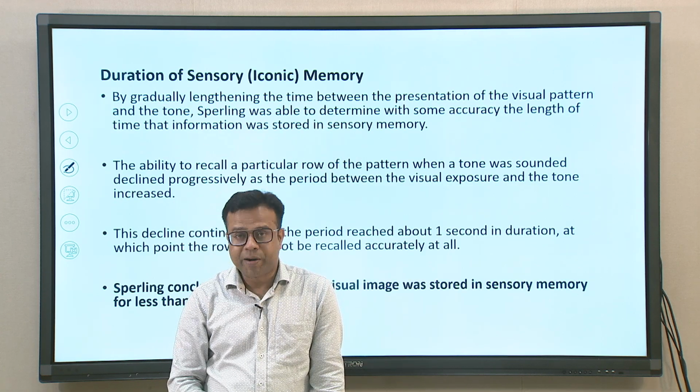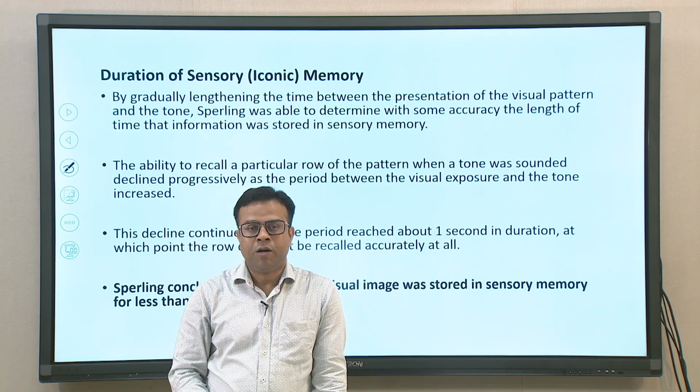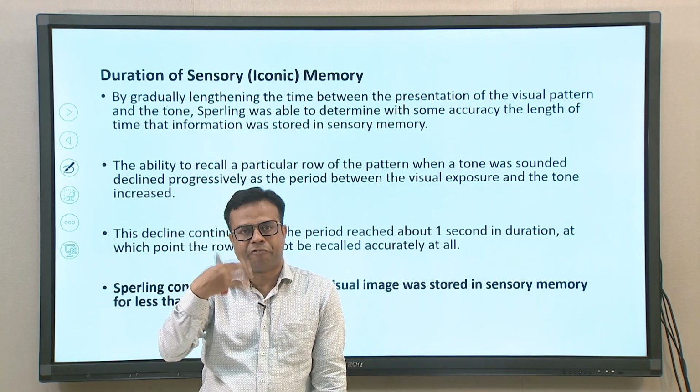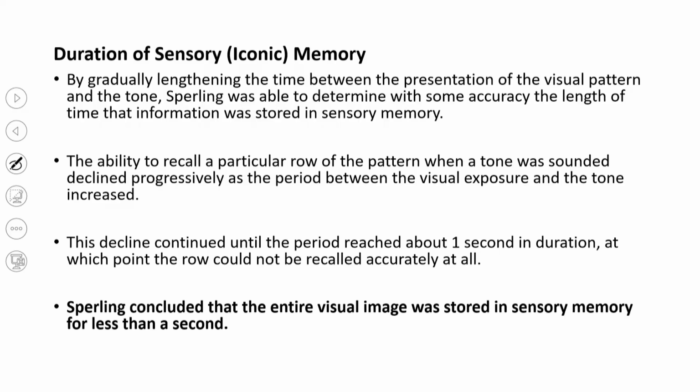This experiment showed that. Further, he used a lot of variation in this experiment by gradually lengthening the time between the presentation of the visual pattern and the tone. Initially, the tone was sounded immediately after the flashing, then the experimenter increased the time period.